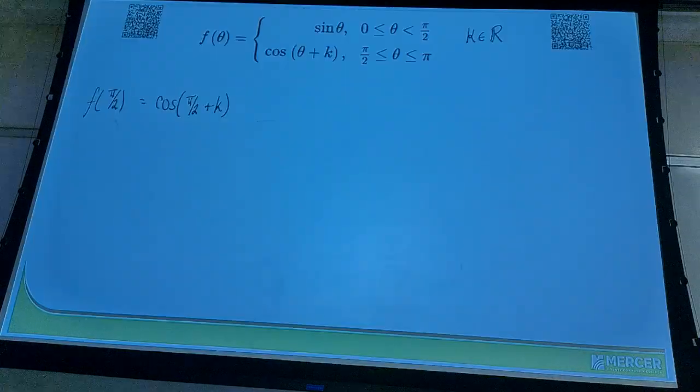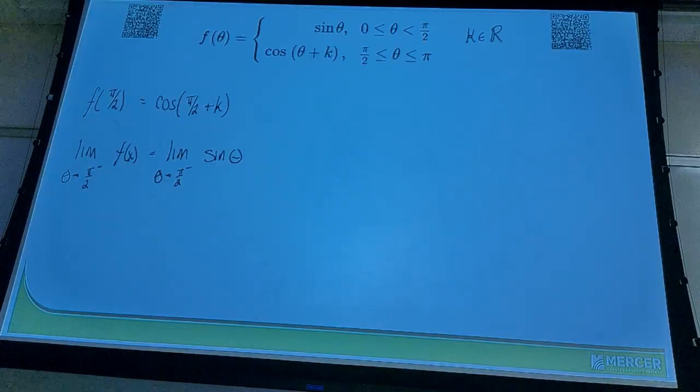Now let's take a look at their limits. Approach pi over 2 from the left. What piece do we need? Sine theta. I don't know why I'm using x. Is sine continuous at pi over 2?